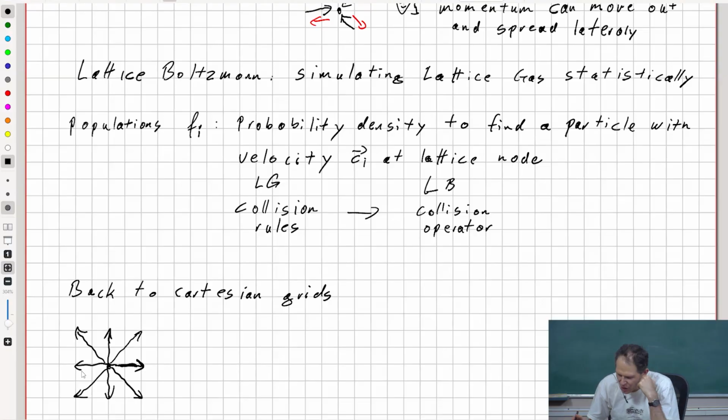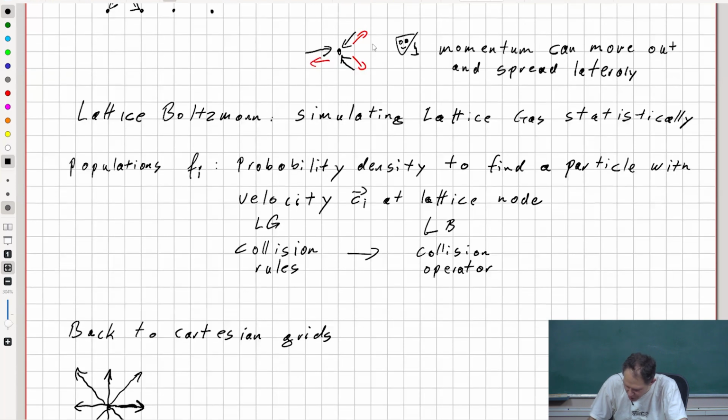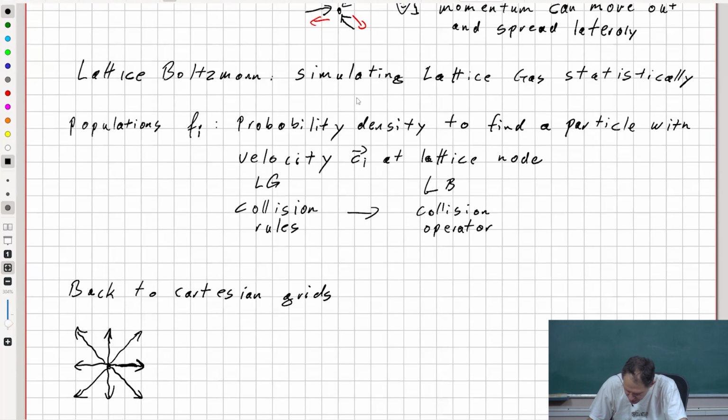One possibility, in comparison to what we had up here, would be that we have, for example, two particles going in this way, one particle coming this way, one particle coming this way, and we send them back like this, the two like this.